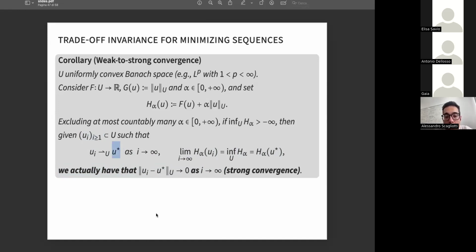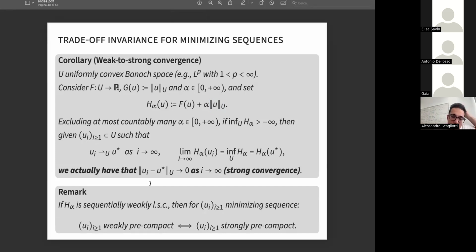In this way, we get that these sequences have the same limit when we take the norm on them, and this implies that we have weak convergence of the sequence plus the convergence of their norms. And this, in the uniformly convex Banach spaces, is enough for concluding that we have a strong convergence of the sequence.